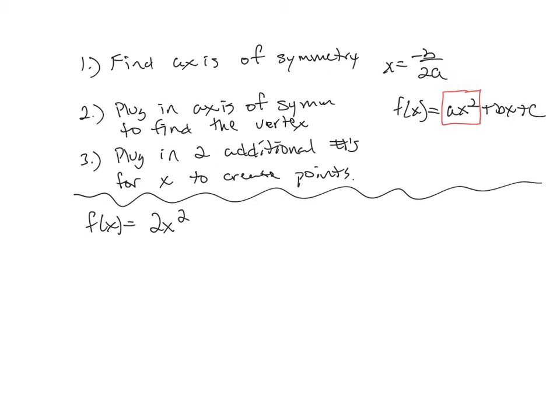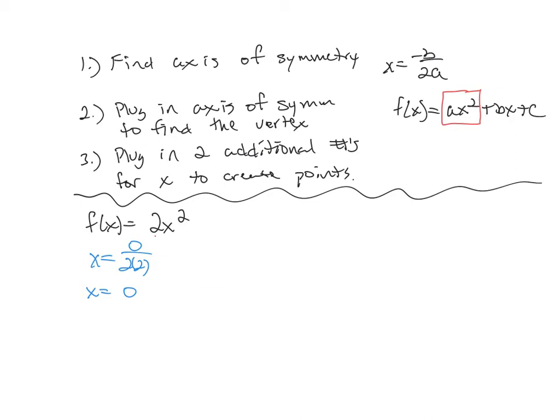So if there's no b, the axis of symmetry is going to be 0. And then the a could be different. I have an a, which is a 2. So if I were to do the axis of symmetry, it's going to be 0 over 2 times 2, or just 0. 0 over 4 is 0.